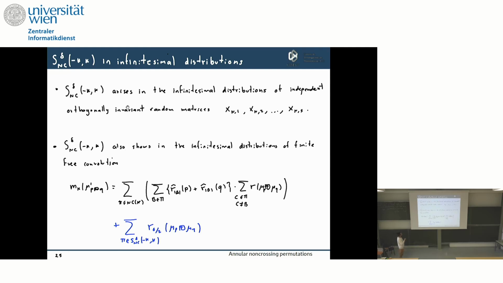So here I'm looking at the infinitesimal moments when I take the finite free convolution of two polynomials, each of which has a limiting eigenvalue distribution with corresponding limiting infinitesimal distribution. So this is what you would get if you consider just infinitesimal freeness in the additive case, but then again you have this additional term there.